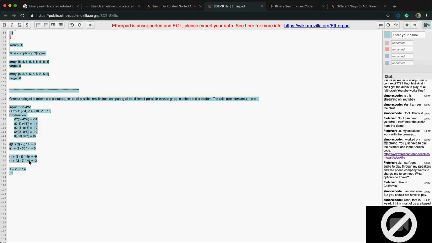As soon as we find the operator, at this point our solution should be 1 plus all the answers that we can get with the remaining string, which is 2, 3 and 4.